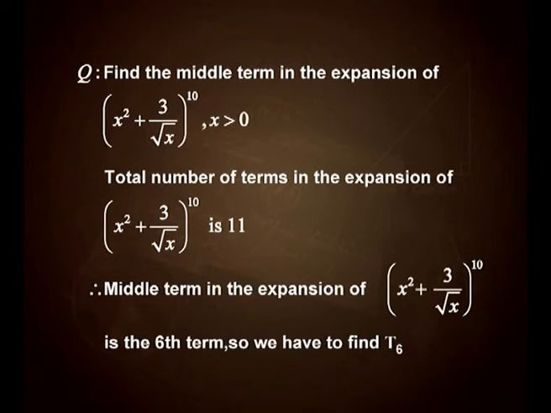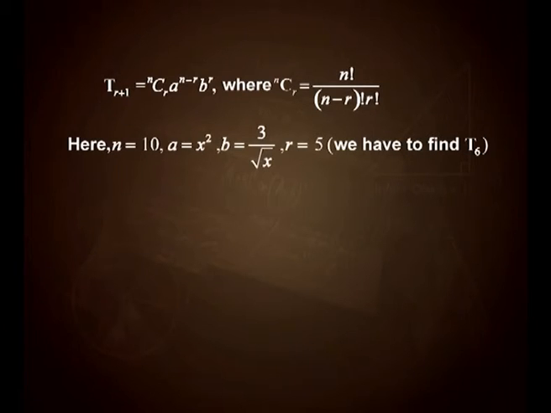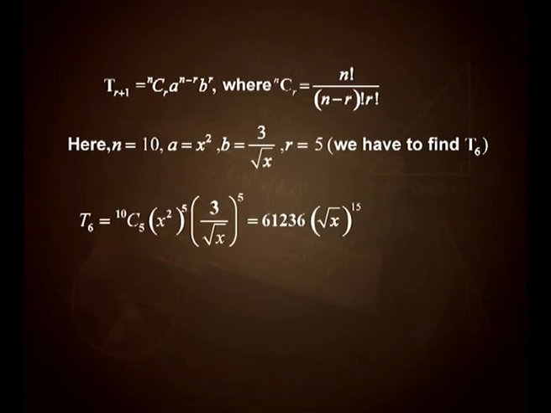Again our general term T(r+1) is nCr a to the power n minus r b to the power r, and therefore, to find T6, r will take the value 5. So, n is 10, a is x squared, b is 3 by root x, r is 5. So, if I substitute it in the formula of T(r+1), T6 takes the value 10c5 x squared raised to the power 5 into 3 by root of x whole to the power 5.